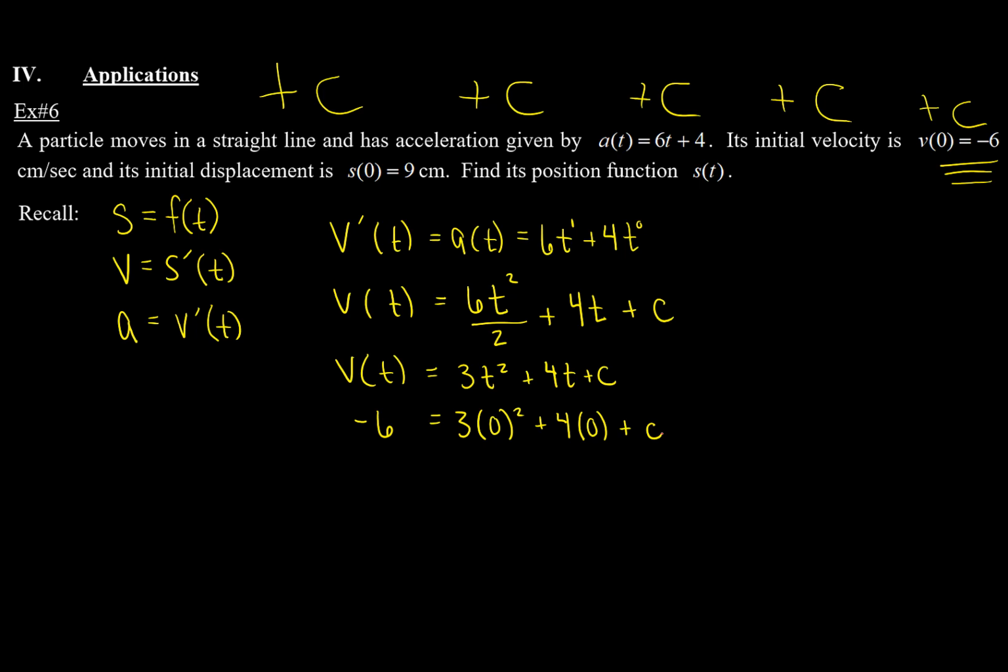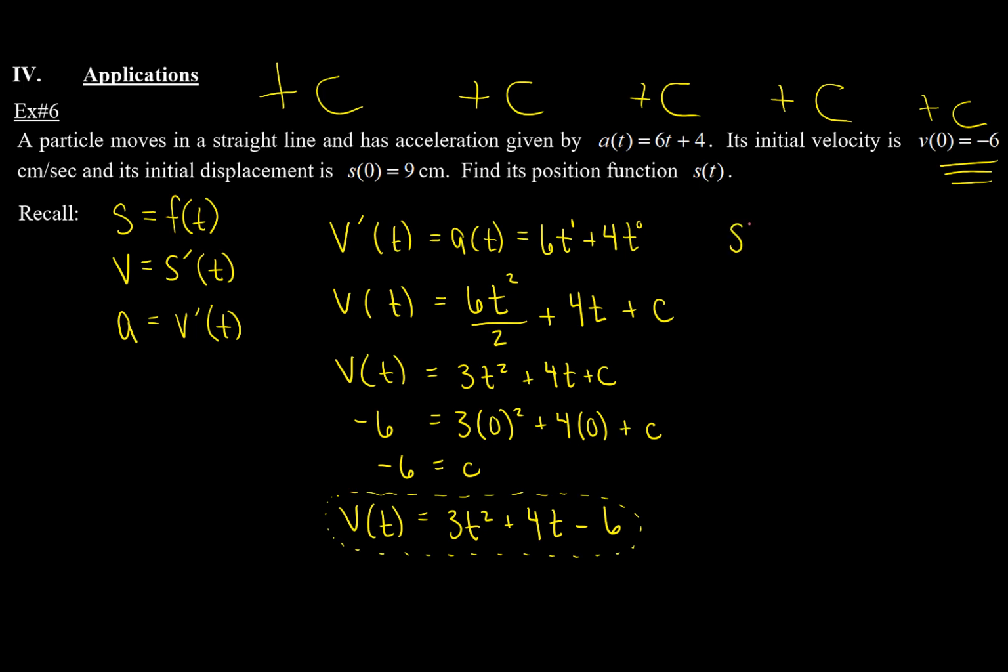So notice, it basically says that c is negative 6. Awesome. All right, so this means that my velocity function is 3t squared plus 4t, and then minus 6. So that's my velocity function, and I am almost to the final thing, but I've got to do one more antiderivative.